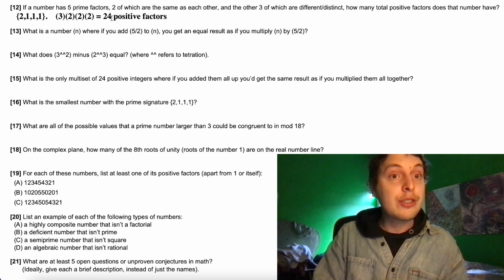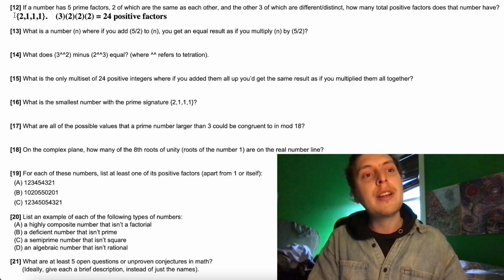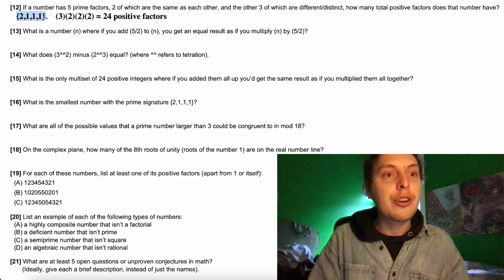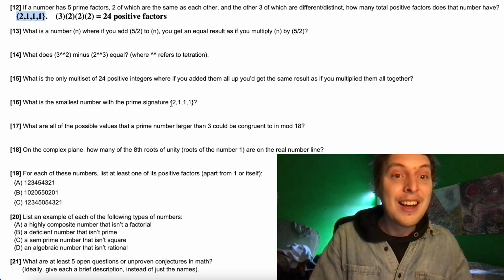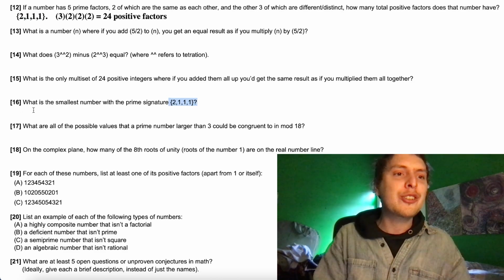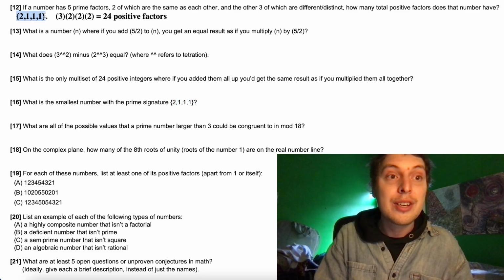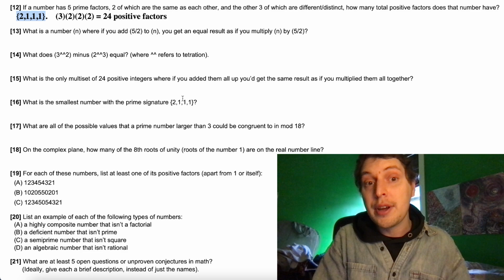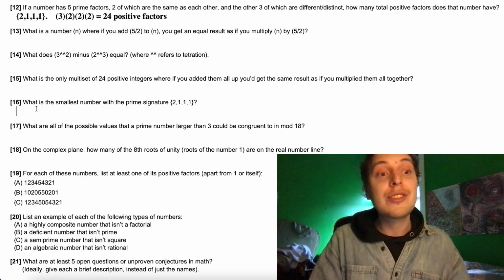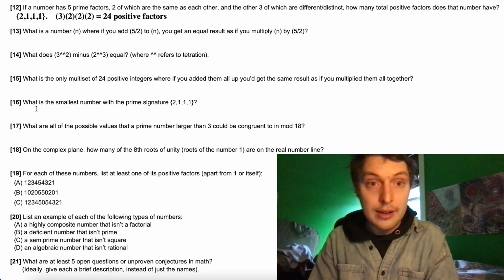And there are many numbers that fit this definition, but funny enough, this prime signature is asked about again a little later here on question 16. So I will actually jump to that one right now, question 16, because we have a similar thing going on here, but now instead of being asked, how many total positive factors does that number have?